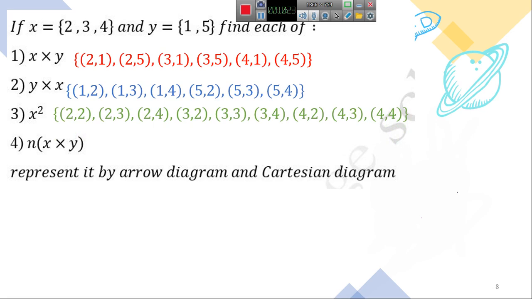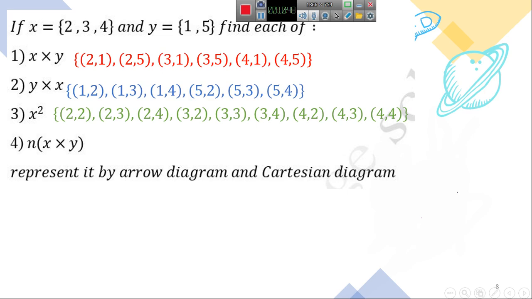If we have elements of x like 2, 3, 4 and the same set crossed with itself, 2, 3, 4, then we will make (2,2), then (2,3), (2,4), after that (3,2), (3,3), (3,4), and (4,2), (4,3), and (4,4).